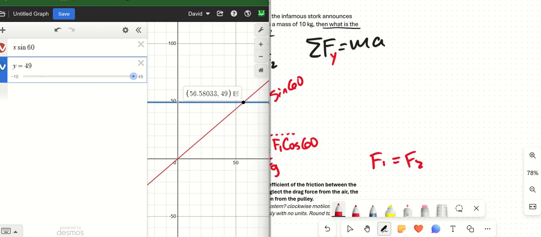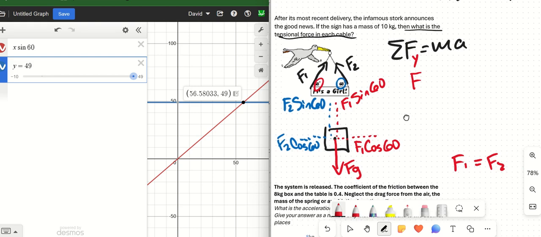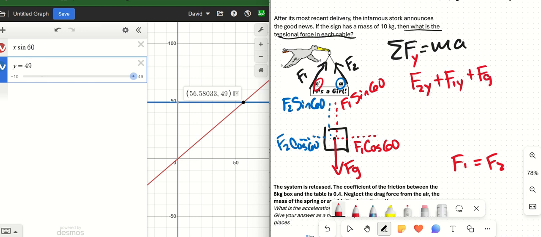Now I'm going to have my force from 2 in the y direction plus my force from 1 in the y direction minus gravity, or I'll put plus and then we'll change it when we do the acceleration. So the force of gravity is going to have to equal 0 as well because this isn't going up or down.